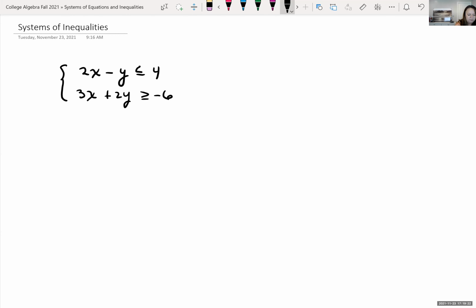For me, I would prefer to put this in the form of y, some inequality, mx plus b. So let's subtract 2x on both sides. If we do that, we get -y is less than or equal to -2x plus 4. Recall, dividing by a negative or multiplying by a negative has to switch our inequality sign.